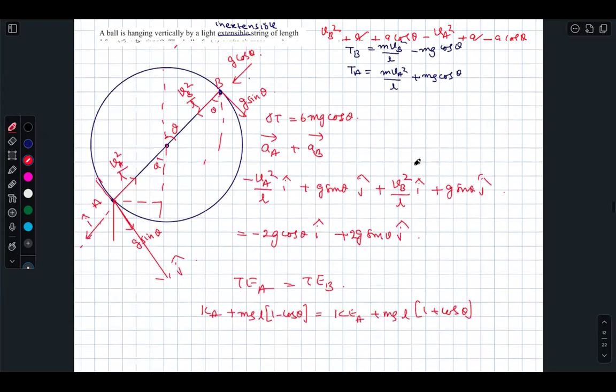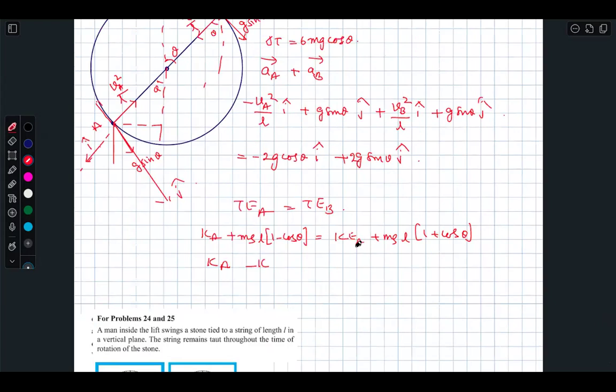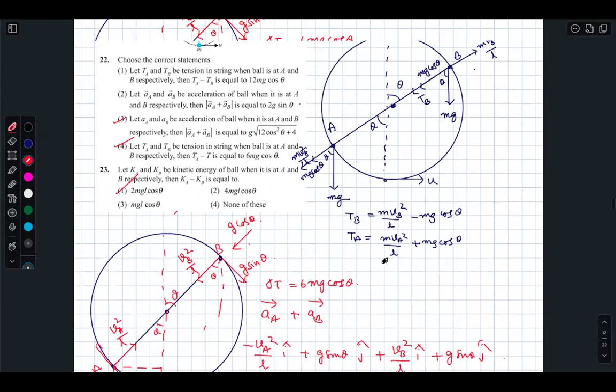What do you want? Kinetic energy difference, KB minus KA. The mgl term gets cancelled, leaving 2mgl cos theta. Yes or no? So obviously that is the same here.